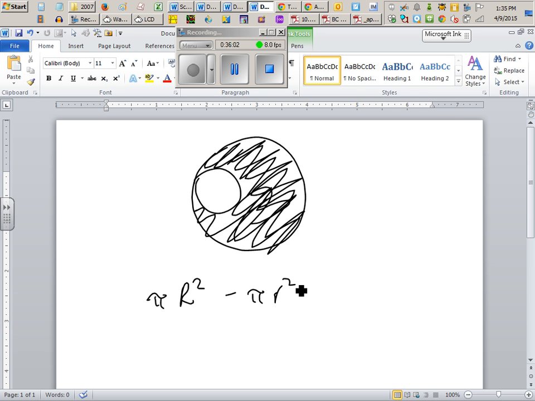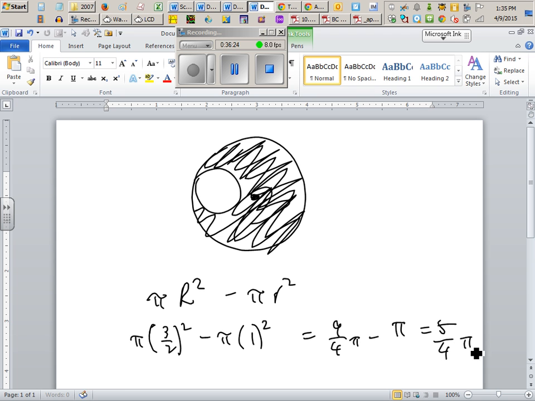These truly are circles. The bigger radius, if you look really closely, is 3/2, and the little guy has radius 1, if you go back and look closely at your graphing screen. In other words, it's 9/4 pi minus pi, which is 5/4 pi.